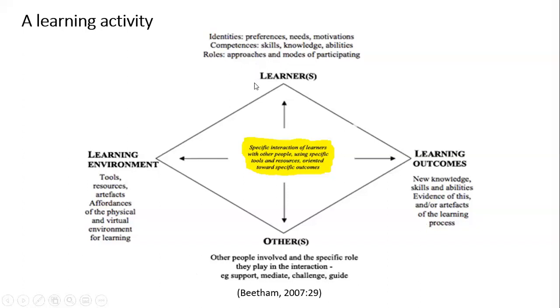And then you're also thinking about how they will be interacting with others. You're also thinking about the learning environment and how you would help students learn, and what is available there in terms of tools, artifacts, and creating that conducive learning environment.